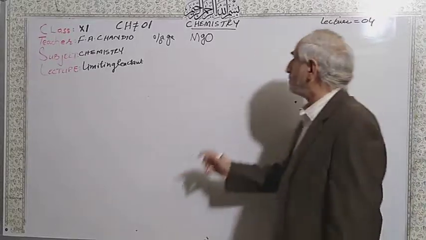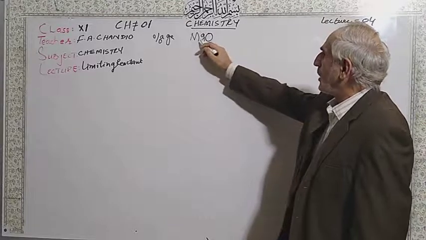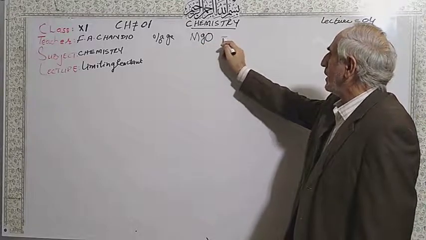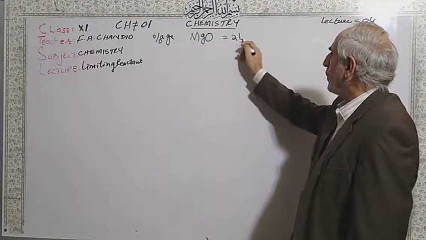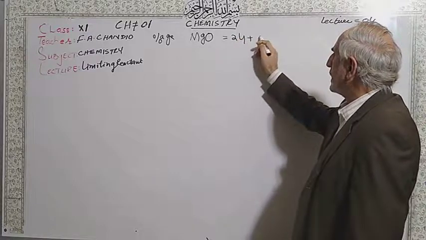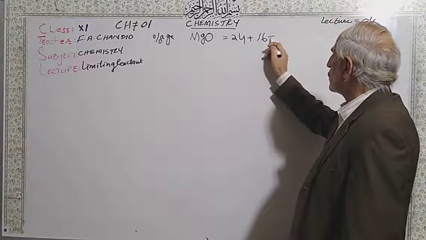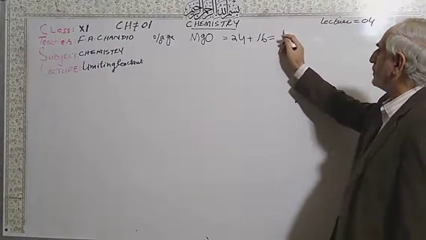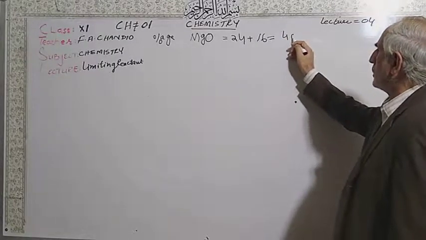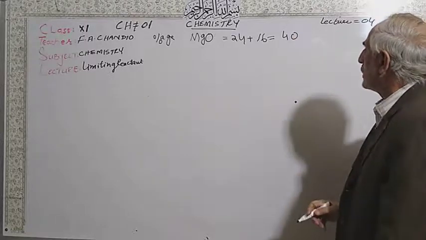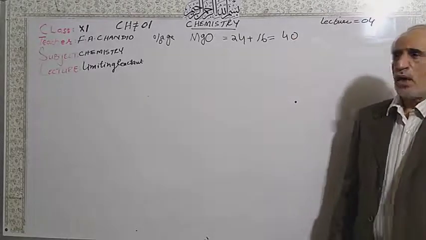This is a simple topic. So dear students, calculate their molar masses. Magnesium is 24 and oxygen is 16. So the total will be 40. Now it's very simple.